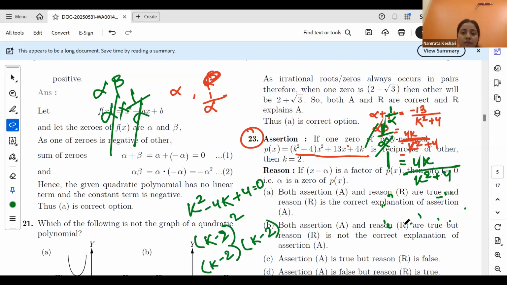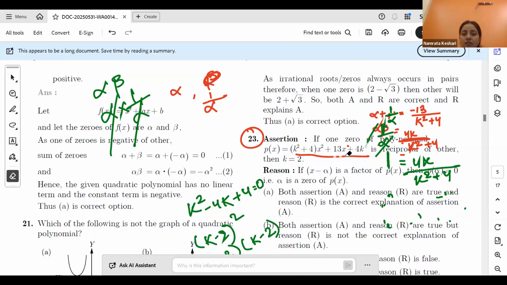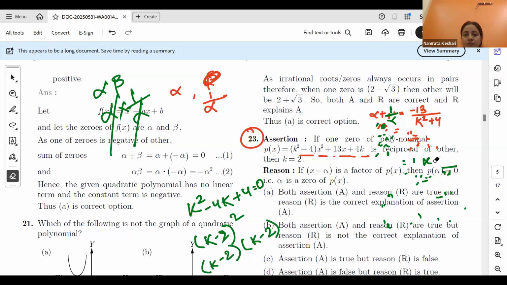Yes, ma'am. And in the question, I will rub everything. Now tell me, is the assertion true or false? Ma'am, I think it's false.